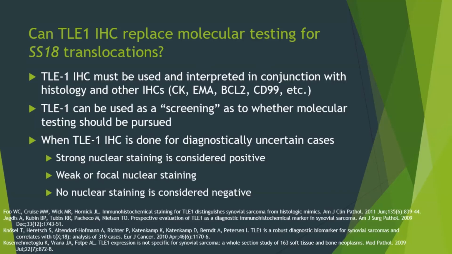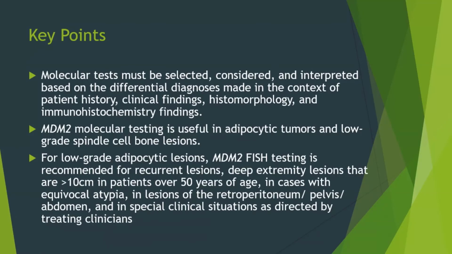So we are near the end of the talk, and I would just want to reiterate key points. First, molecular tests must be selected, considered, and interpreted based on the differential diagnosis made in the context of patient history, clinical findings, histomorphology, and immunohistochemistry findings. MDM2 molecular testing is useful in adipocytic tumors and low-grade spindle cell bone lesions.